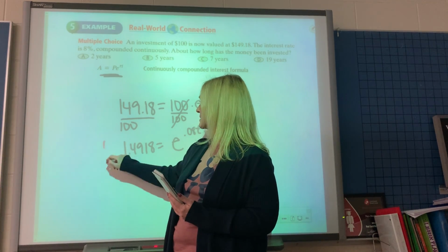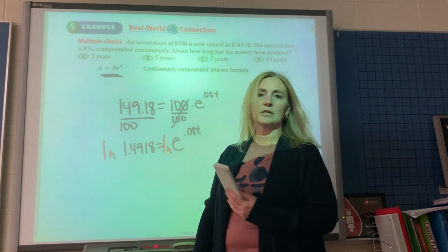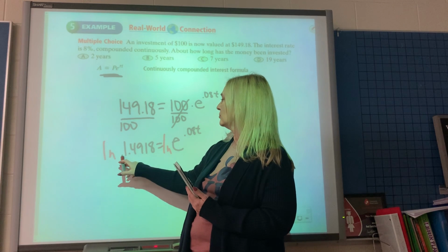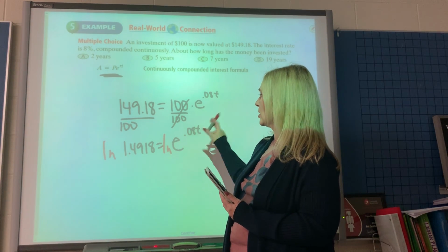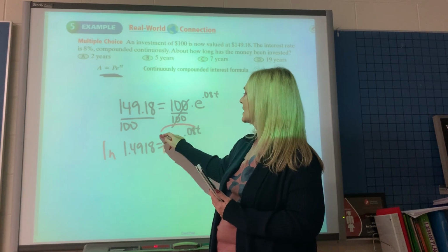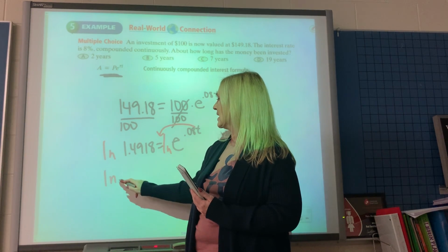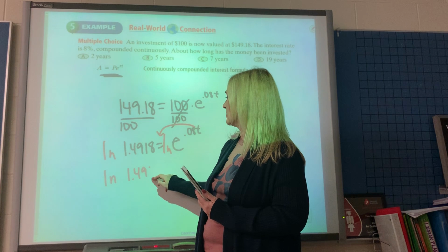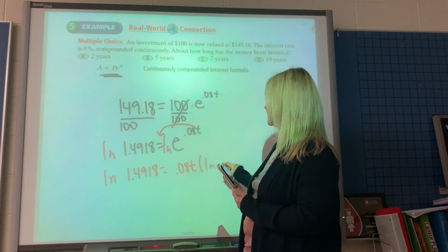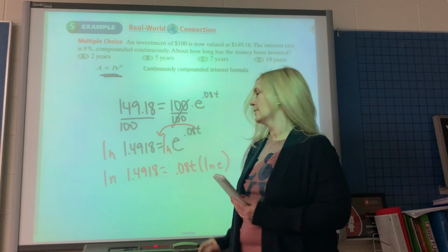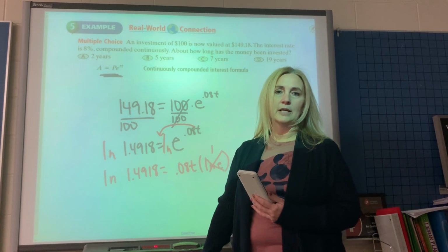So just slide the ln on both sides of your equation. So you have the ln of 1.4918 equals the ln of e raised to the 0.08t power. Now you can bring this exponent down. So you have ln of 1.4918 equals 0.08t times the ln of e. What's the ln of e equal to? 1. We don't need it.